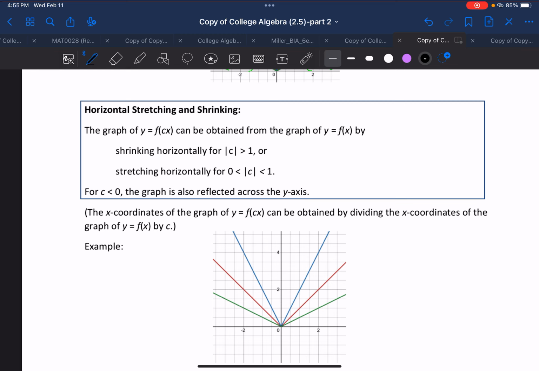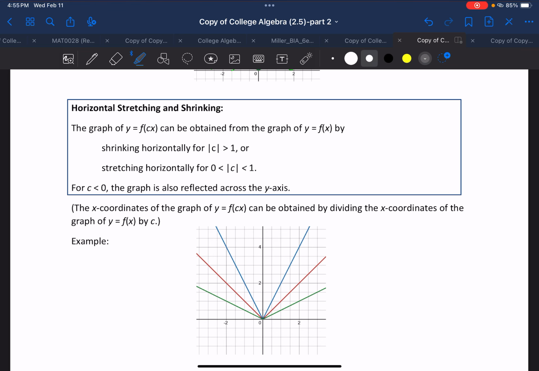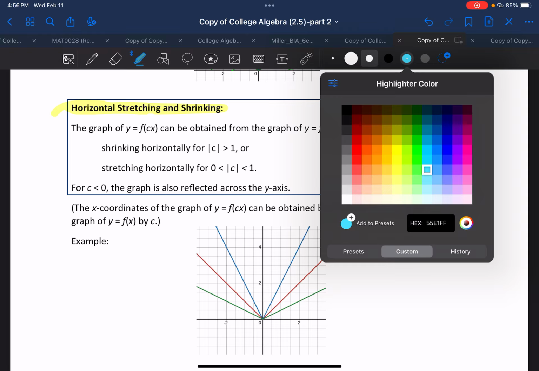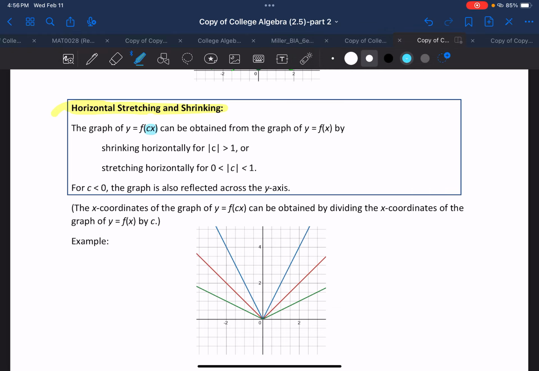Okay, and then the last transformation that we have is when we stretch or shrink horizontally. This happens whenever we multiply the x in the base graph directly by a constant. So now the constant's being multiplied directly to the x, not the entire function, just the x in the base graph.